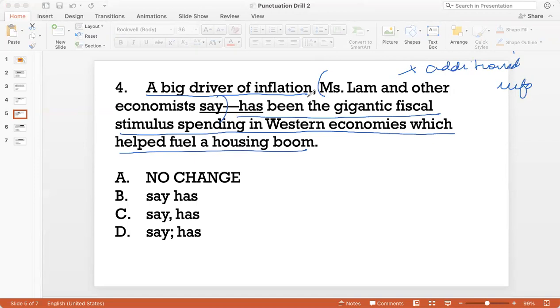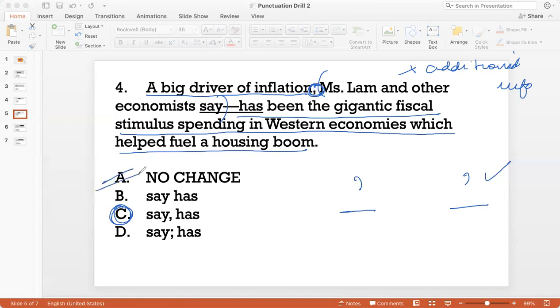So when I have additional information in a sentence, I can place it between a pair of commas or a pair of dashes. Here, I need to decide whether to put a dash or a comma. But my starting punctuation is a comma. It's already given, so I would have to keep my closing punctuation also as a comma. I can't take a dash here, and so the answer is option C. If my starting punctuation had been a dash, then a dash here would work.